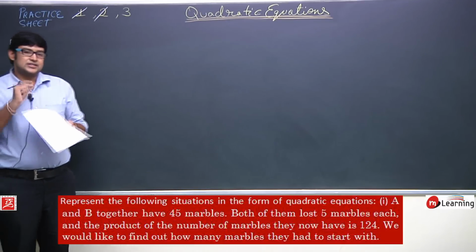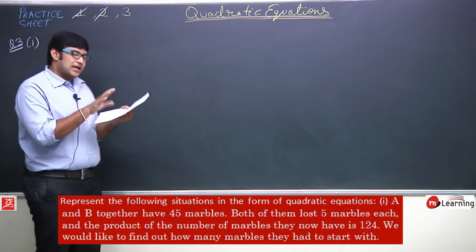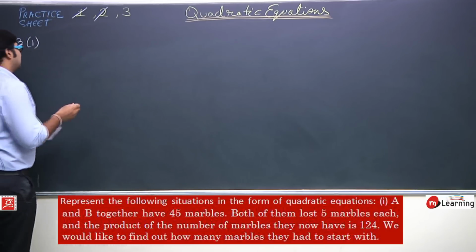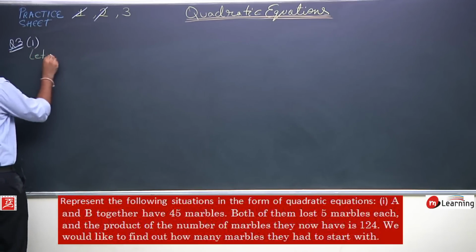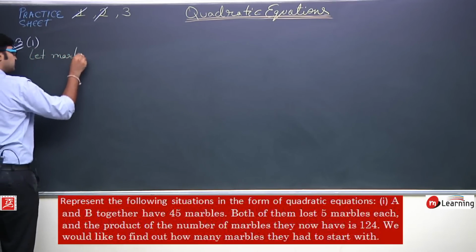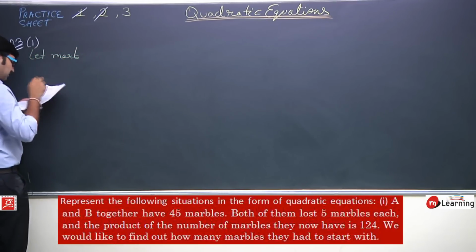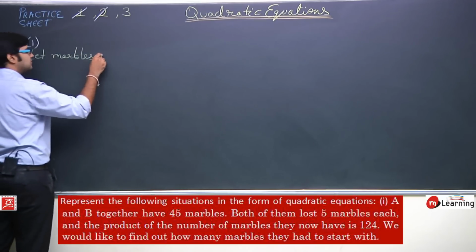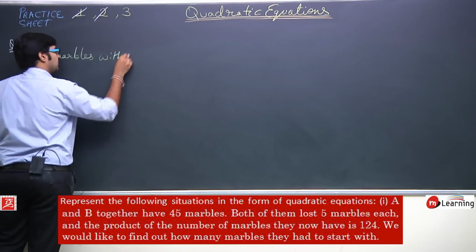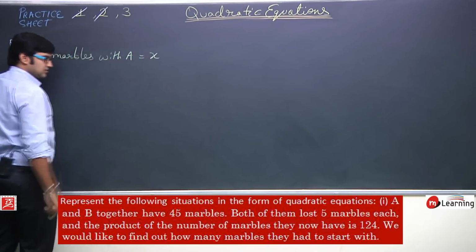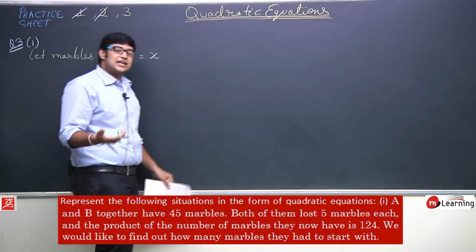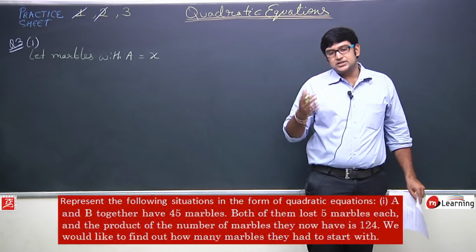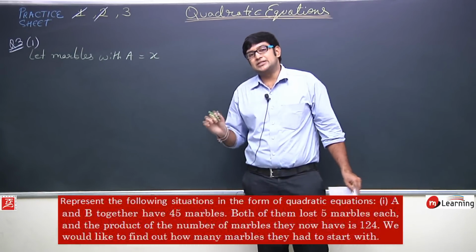By reading the first condition, it says A and B together have 45 marbles. Let the marbles with A be x, because we don't know how many marbles A has and how many B has. We only know that the total is 45.